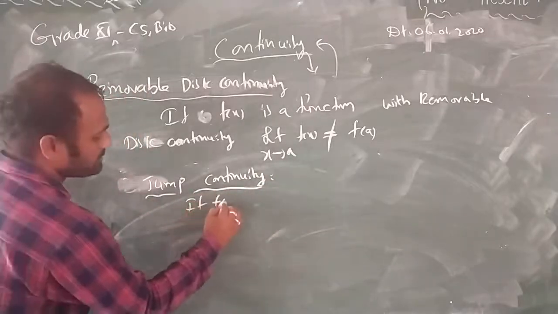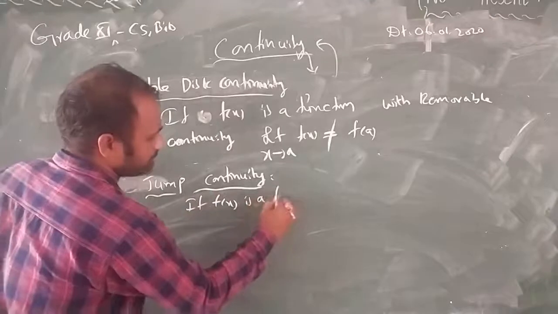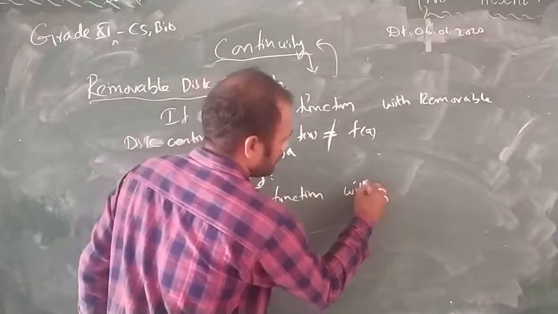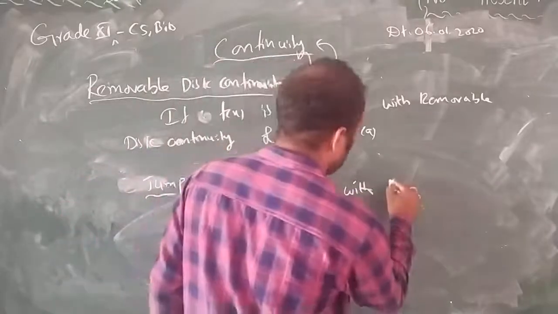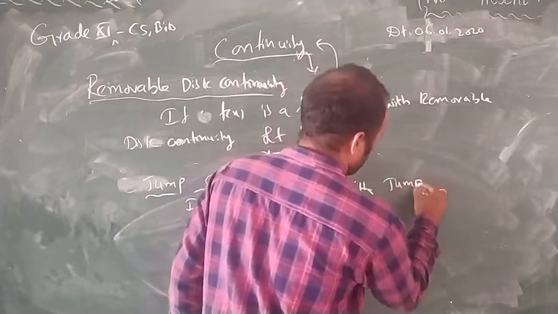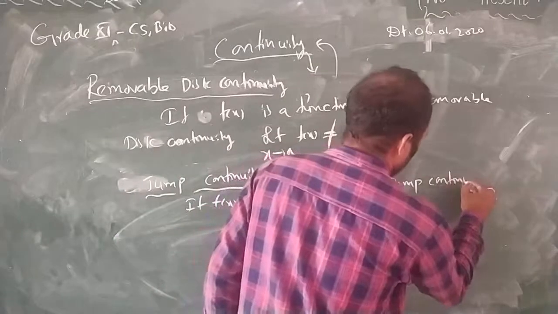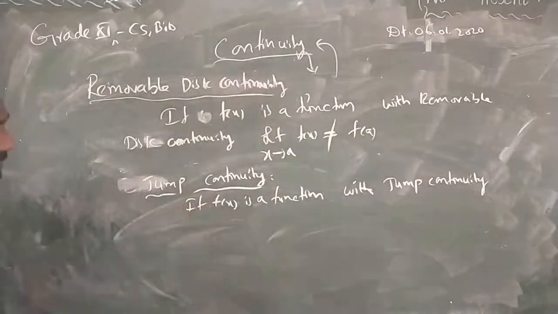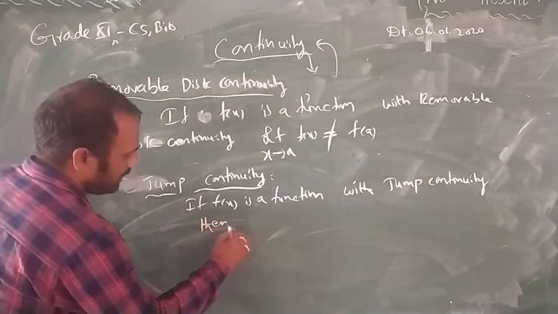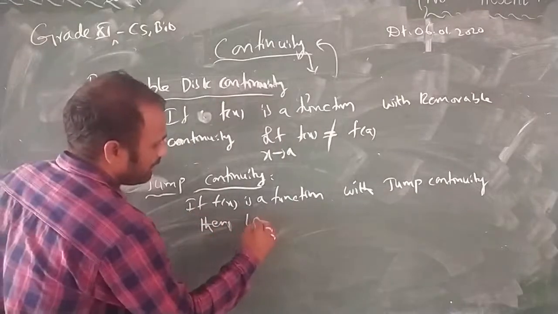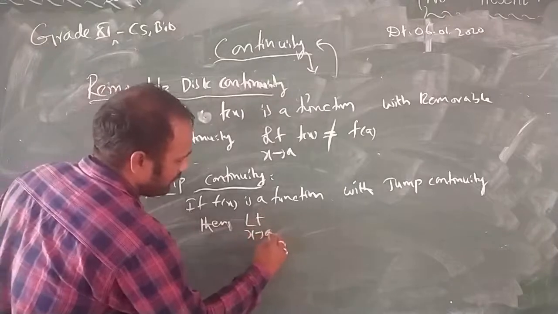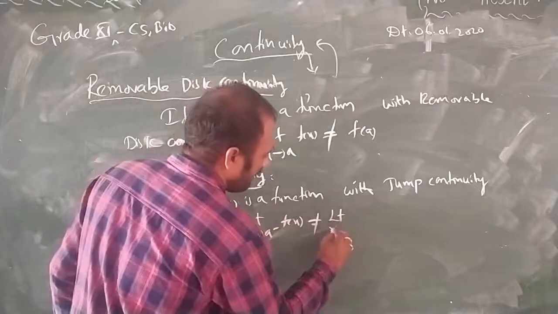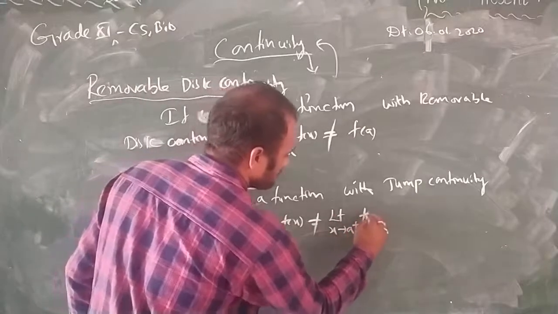If f of x is a function with jump discontinuity, then the condition should be: limit as x tends to a minus of f of x is not equal to limit as x tends to a plus of f of x.